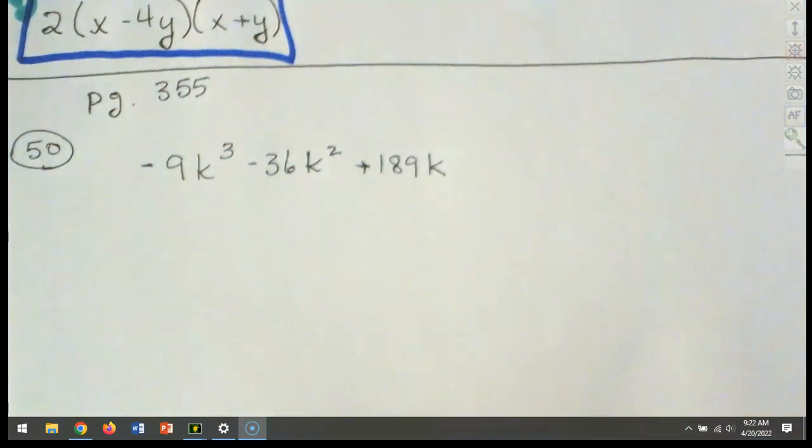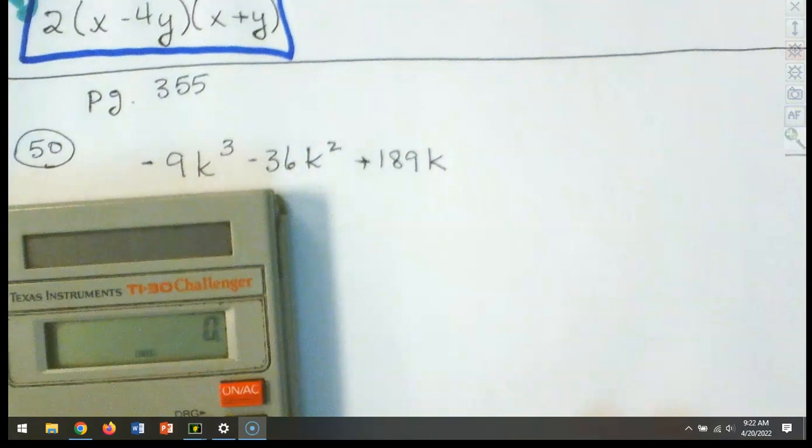Now, when I look at this, how do I figure out what number can come out? Well, first off, I look at my smallest number. And my smallest number in this case is a 9. Now, it might be that 9 is going to be divisible by all the others. Let's check. 36, does it divide evenly by 9? Yes, it does, that's your 4. 189, does that evenly divide by 9?